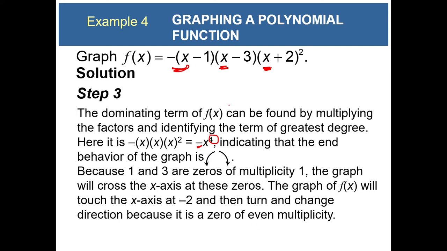What that means is, since the multiplicity of x equals 1 is 1, and the multiplicity of x equals 3 is 1, since the exponent here is 1, it's going to shoot through for these x-intercepts. But since this is an even multiplicity, x plus 2 is going to bounce off at the point x equals -2 because of the even multiplicity.